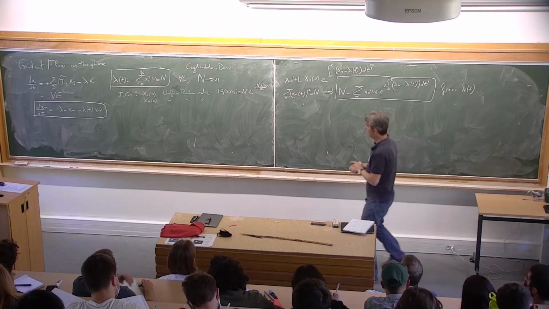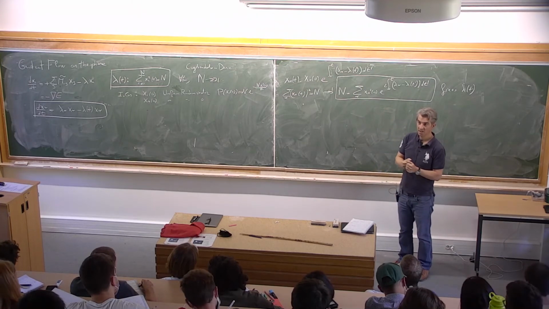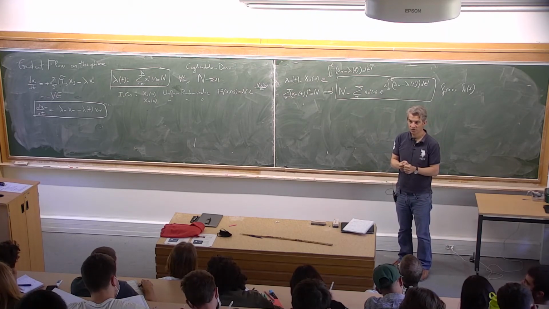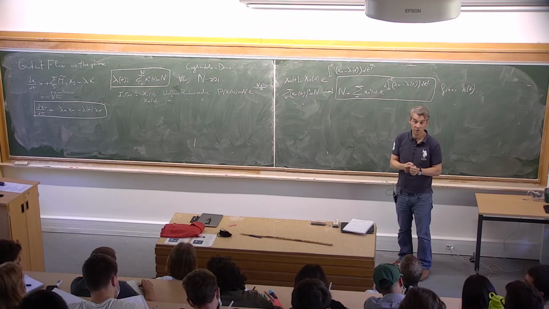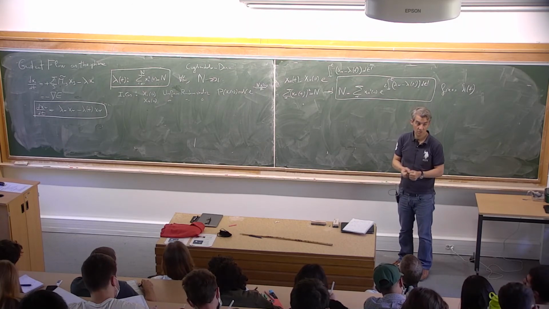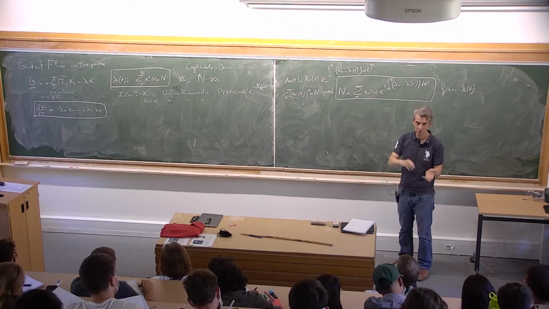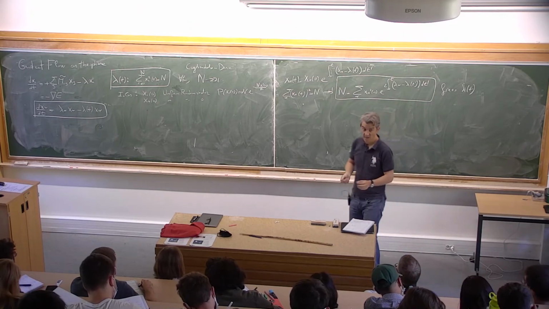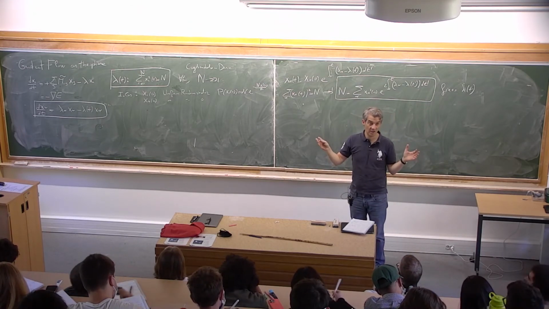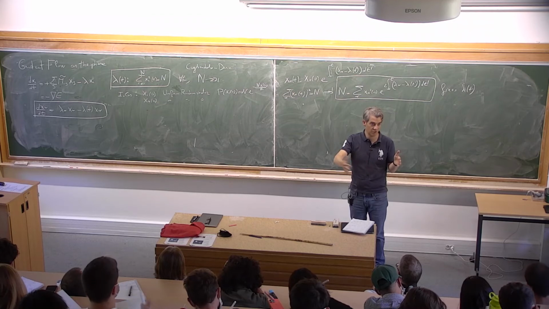Okay, so now the first thing I want to study is the limit n going to infinity first and t going to infinity later. I want to study when rho is larger than 1 or rho is less than 1. I take very, very high dimension, and then I look at what happens when time goes on.